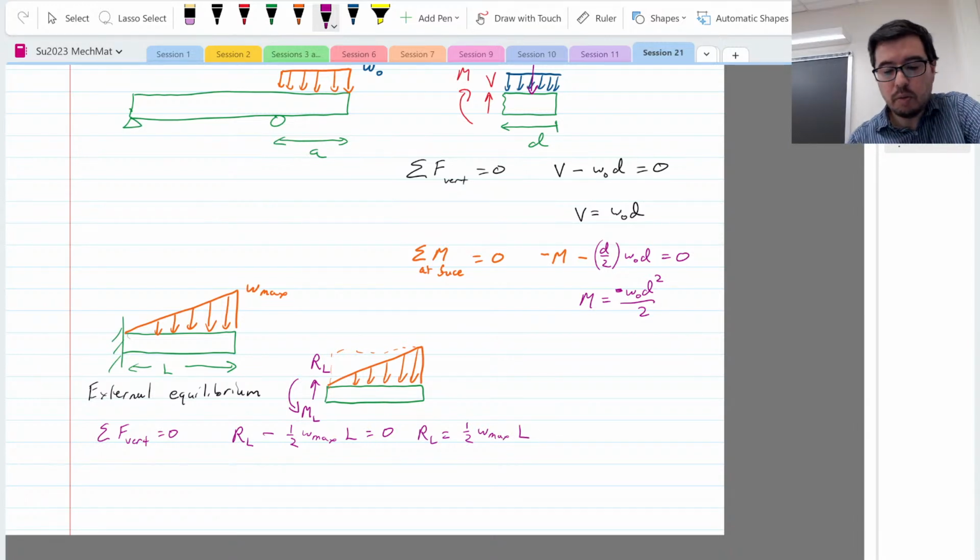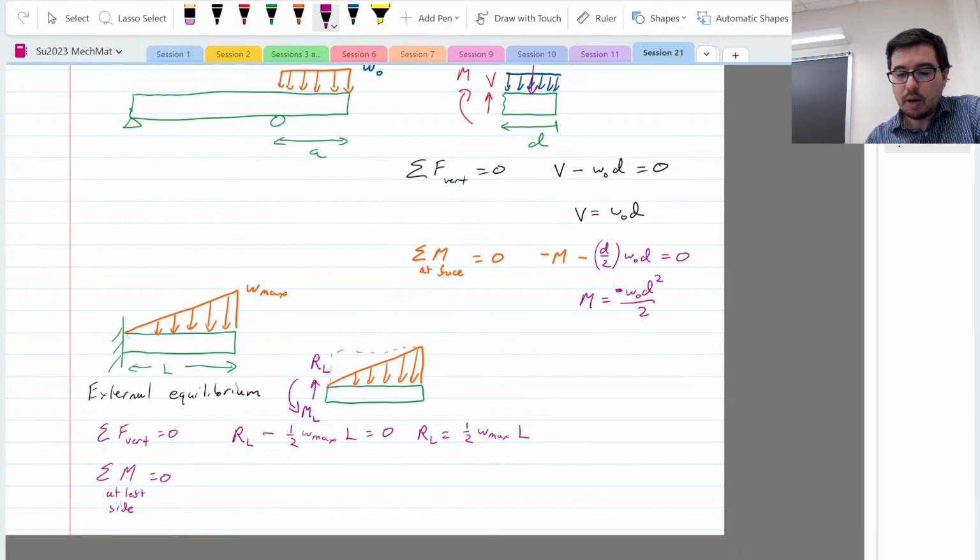Then also using external equilibrium, we're going to look at what's happening with the moments. In this case, let's go ahead and pick at the left side. And we always have to pick a location, and the sum has to be equal to 0.